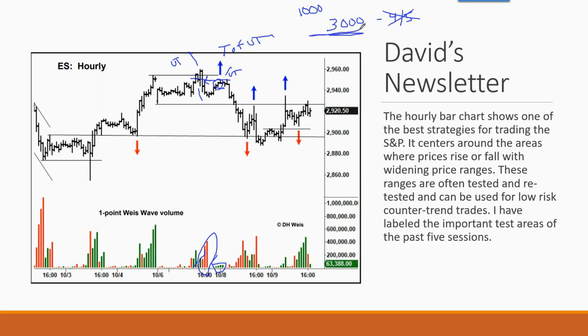That works best. So now you can play this up to a 9,000. So this would be like a 3 to 5 minute chart. Okay, the faster the day, the smaller the time frame. The more active it is, the smaller the time frame. So you go to a 9,000 tick chart. That's more or less like a 10 to 15 minute chart. And then, what do we do next?